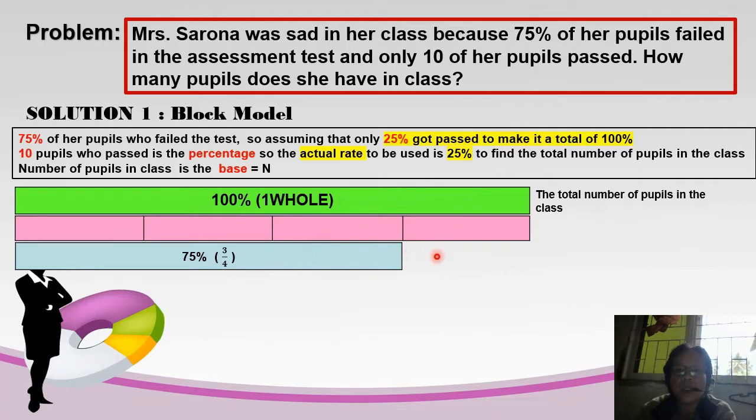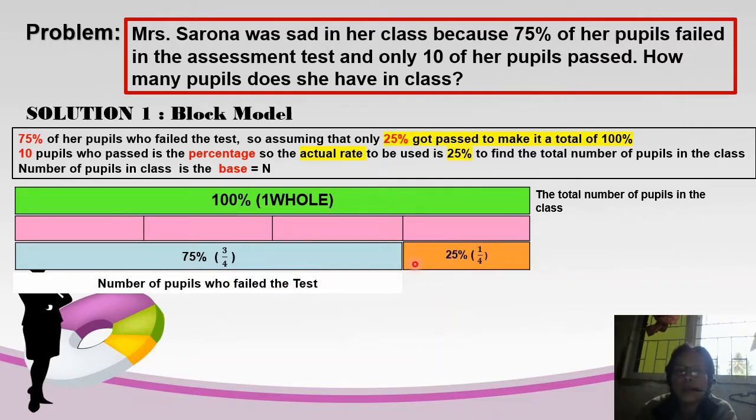Okay, so what about the blank one here? We have here the smaller block that remains, colored orange, which represents the 25% or 1/4 of the total population of Mrs. Sarona's class. This 25% or 1/4 are those pupils who passed the test.